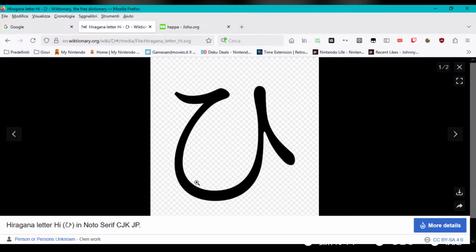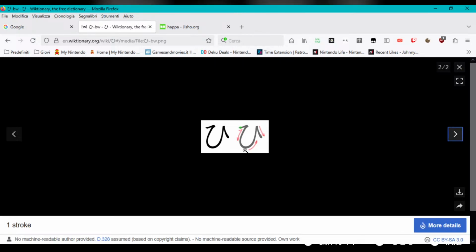Then we go down with the curve, up and then down. Single stroke, so left to right, down with the curve, up and then down again. As we can see also here, start here, down with the curve, up and then go back down.